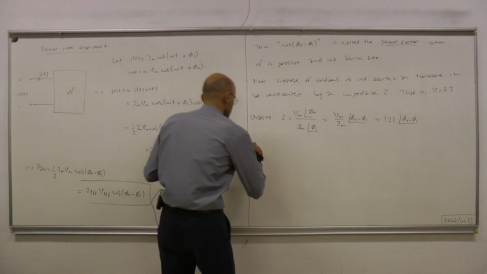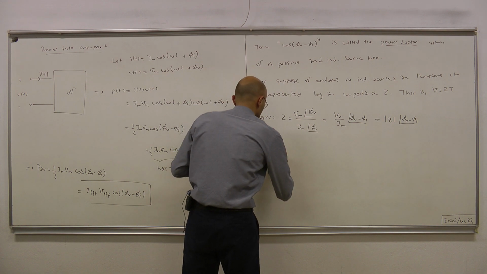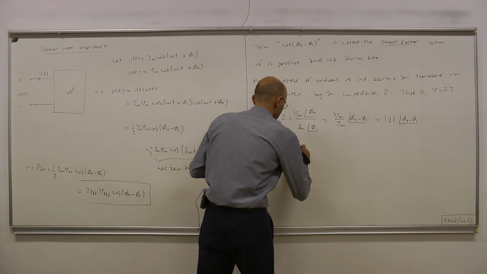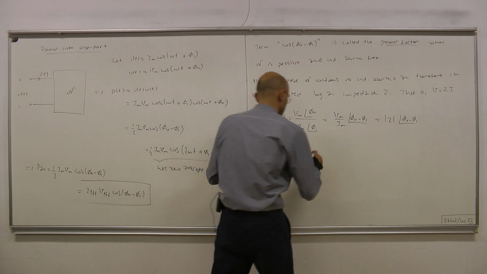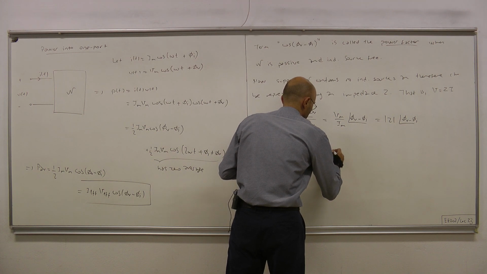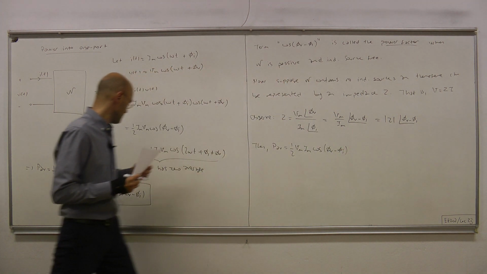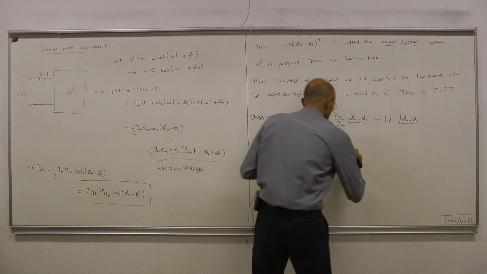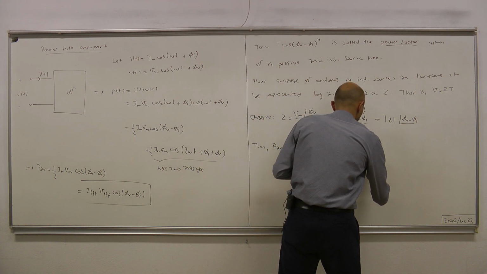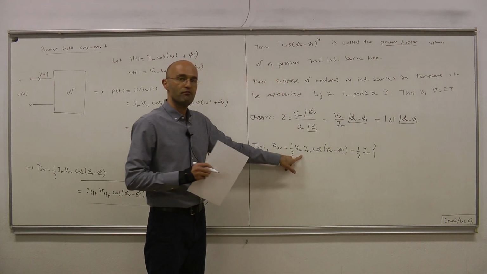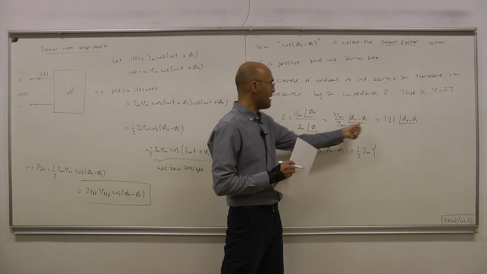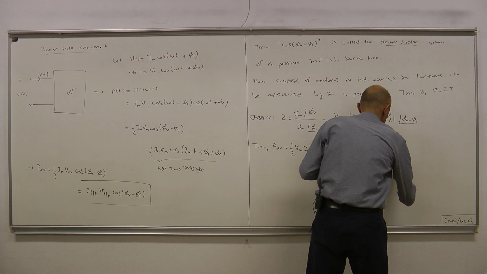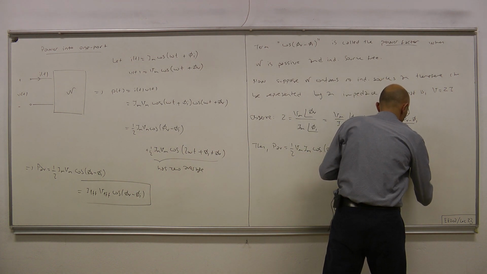Okay, then what? Then we can write P average equals 1/2 Vm Im cosine phi v minus phi I. Okay, so we're using this formula that we obtained here, and that equals 1/2 Im times, now instead of Vm we can write Im times the magnitude of the impedance Z, and then we have the cosine term.